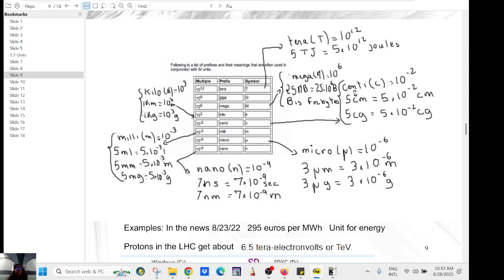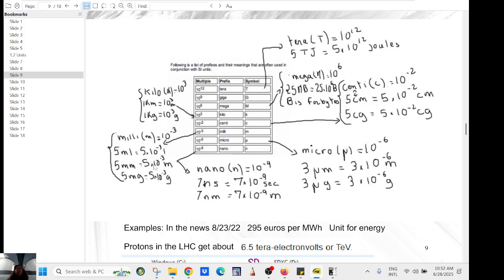So, for example, if you have 2 kilometers, kilometer is not the unit for distance, we want meters. So 2 kilometers will be 2 times 10 to the third meters. So it's like a sticker. You remove the sticker kilo and you substitute it by 10 to the third. Kilogram is fine because kilogram is the unit for mass.